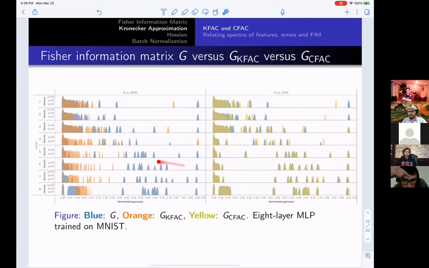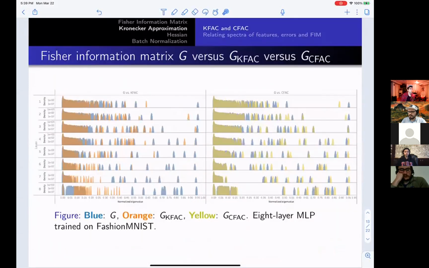You can see that KFAC is approximating the spectrum not well, whereas CFAC is approximating the spectrum well, right? And you can see the same thing happens for other data sets. So this is for Fashion MNIST, for example. Again, you can see a good approximation of the spectrum versus here there is a bad approximation of the spectrum, right?